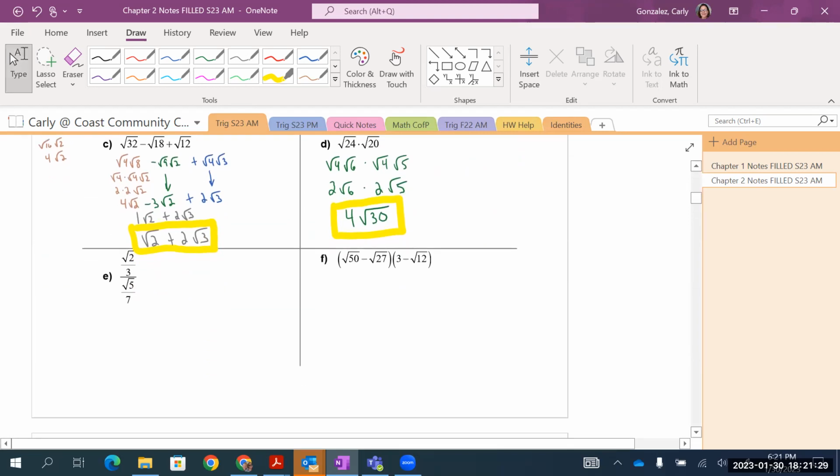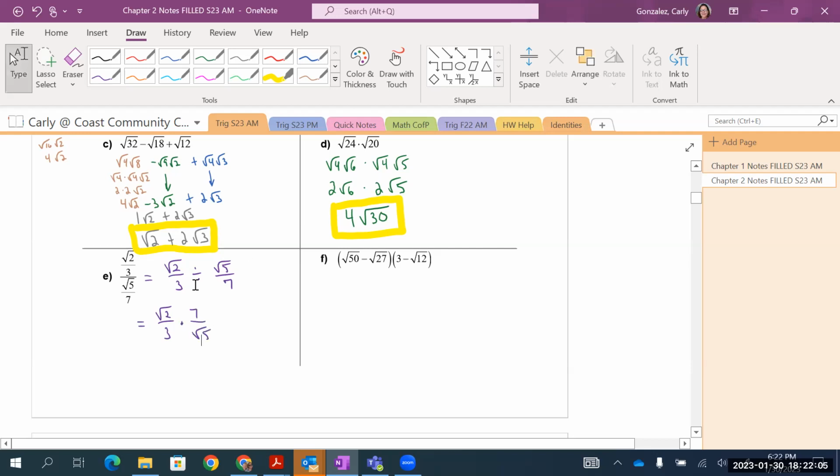Similar with division. So for E, we could choose to rewrite this as rad 2 divided by 3, and then divide that using that division symbol by rad 5 over 7. Or we could also have skipped that step and just say we take the top fraction, flip the denominator, and multiply.